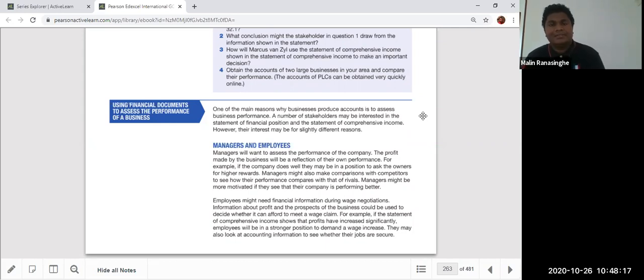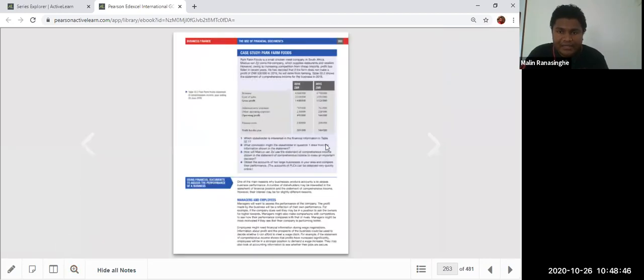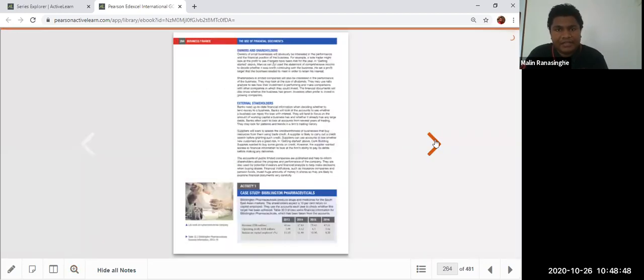But for private companies you cannot access the information, though managers still can. This is very important, because managers are motivated to see their company performing better, to get their increments, career development and training. But workers and employees mainly want to see survival, wage negotiation and job security. So you should know who the stakeholders are and what they mainly look for in the financial statements.